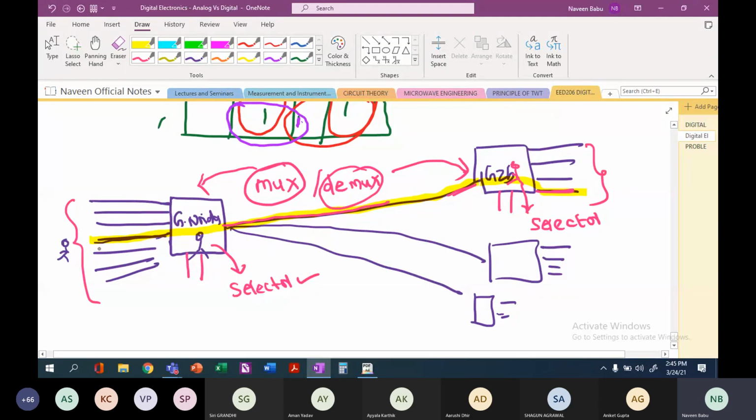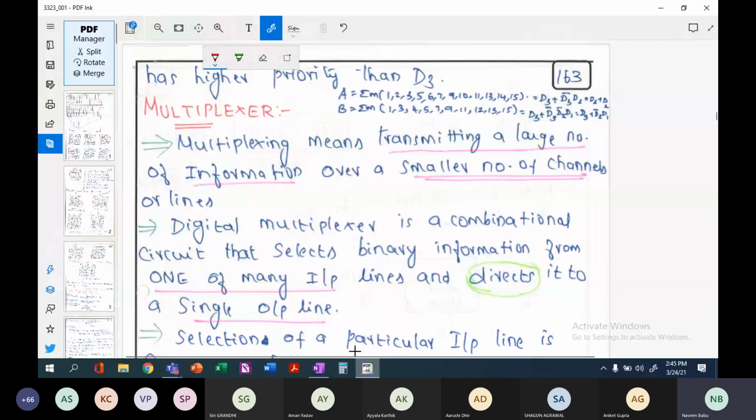He will create a connection from multiple inputs, that is n number of inputs, to one output, right? One output here. This person will connect from one output to n number of outputs based on the value of the select lines. Now let us go technically into the actual subject and understand.